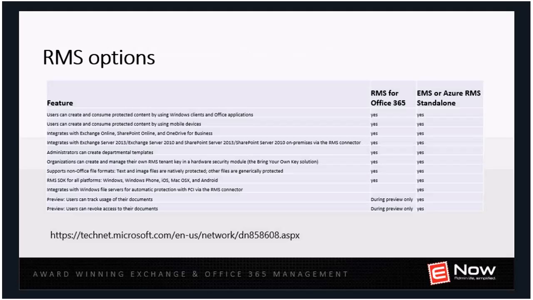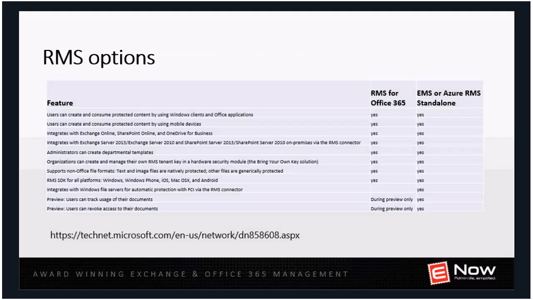Here are some RMS features, options that are available. I put this up because it is important to call out that there are different licensing options for RMS. You can get RMS with your Office 365 subscription at the right licensing level. It's certainly available at E3. It can also be purchased separately if you have a lower plan than that.